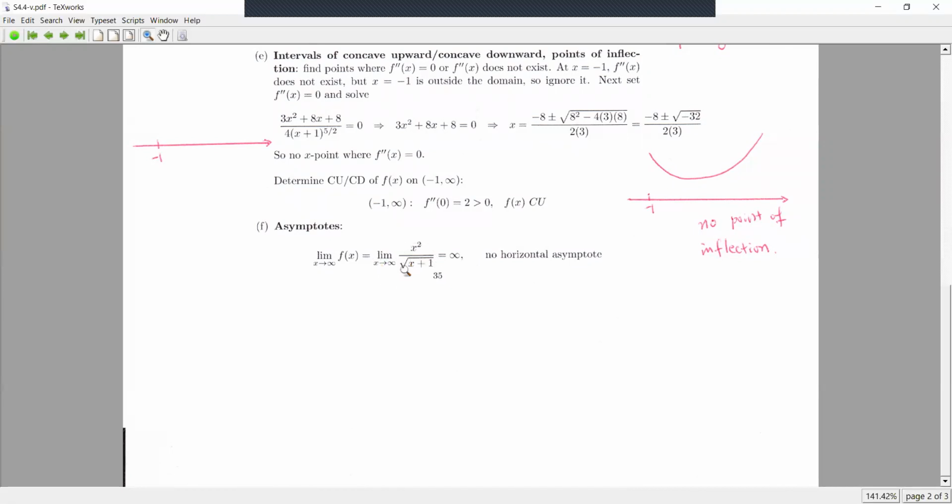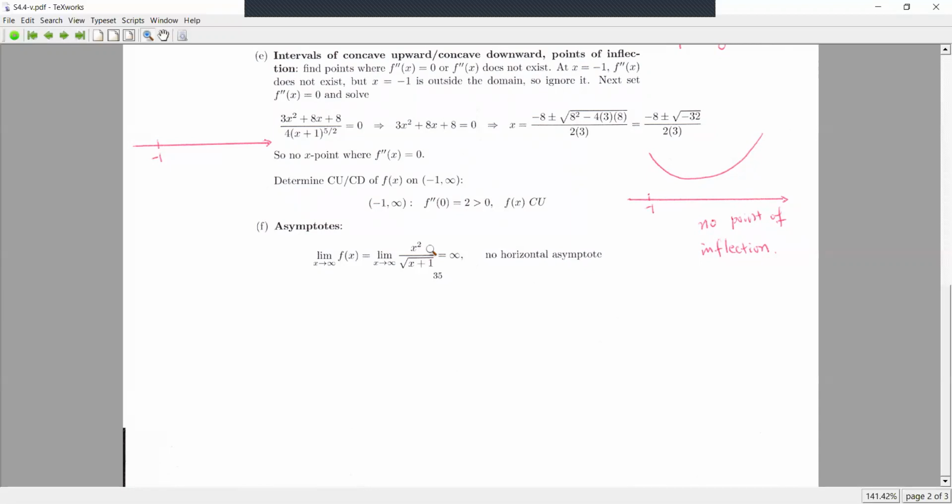About this limit, actually, you can get the limit by inspection. The numerator, the degree is 2, x to the 2. Denominator, the degree is 1/2. So when x approaches infinity, the numerator approaches infinity much faster than the denominator.